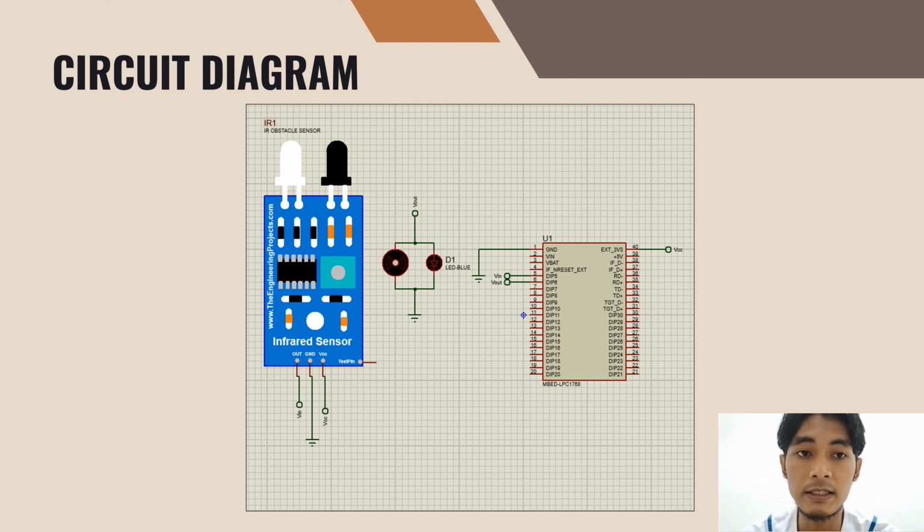Meanwhile, for the LED and motor, which will act as the output, the out pin will be connected to pin 6 on the LPC1768. The VCC from the IR sensor will be connected to Vout on the LPC1768, and the ground pin for all the components will be connected to the ground pin on the LPC1768.